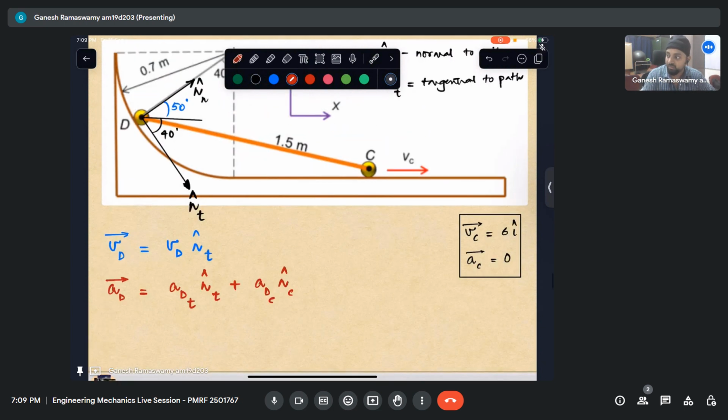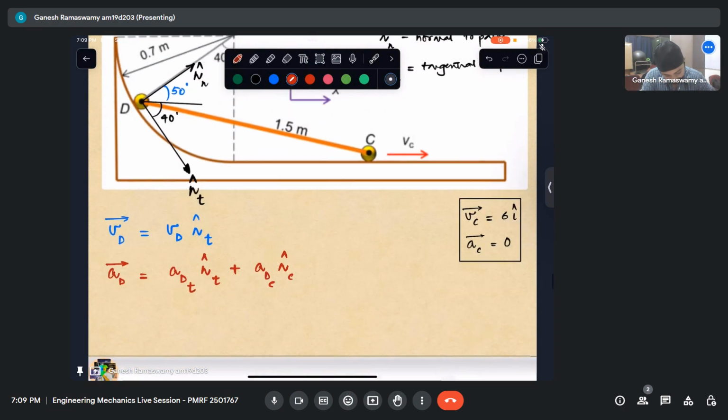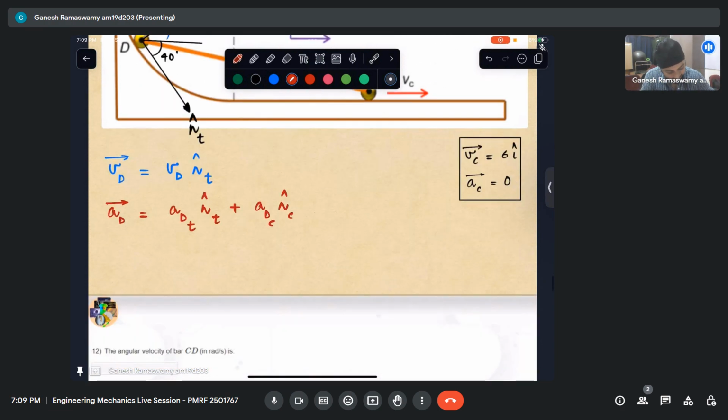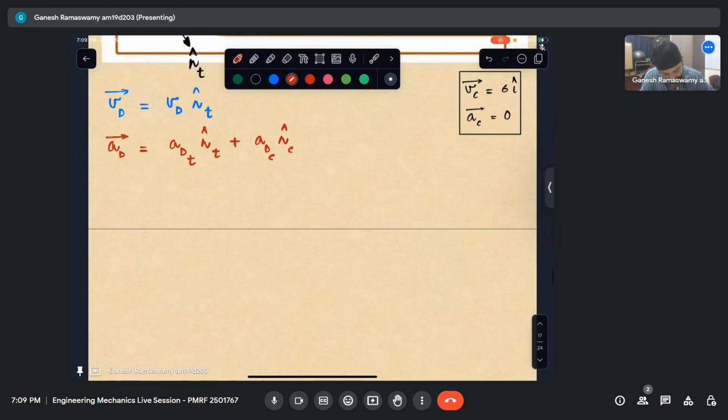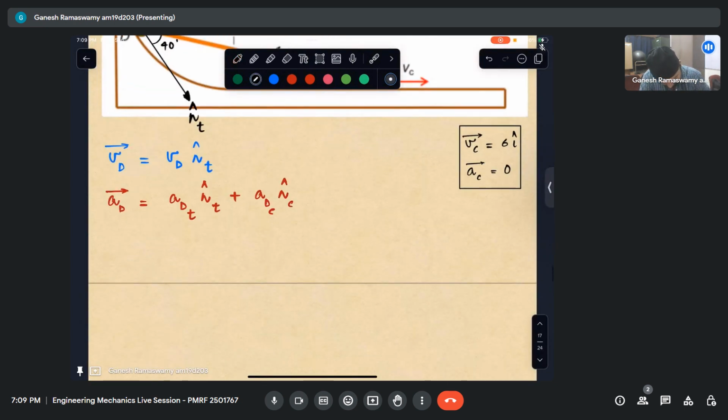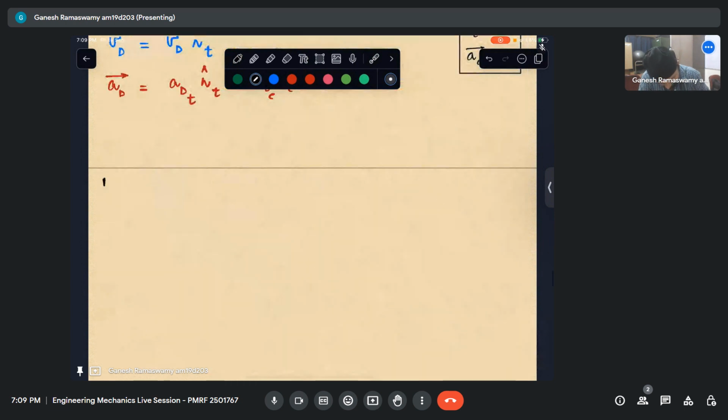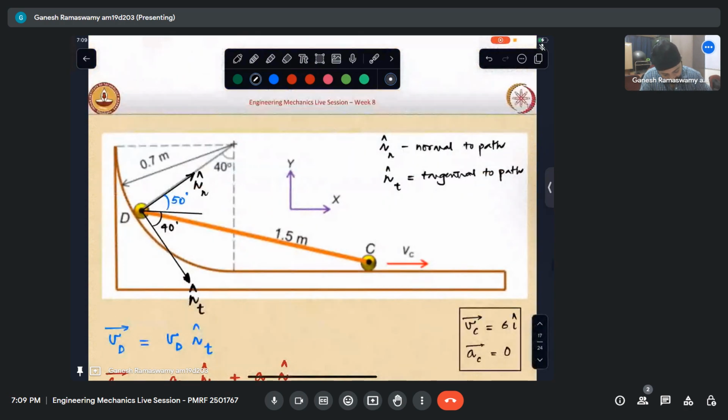Okay. So let us first populate what these vectors are. From the figure, in the x and y system, I can write nt cap as this plus this. So the y component will definitely be negative, and the x component will be positive.